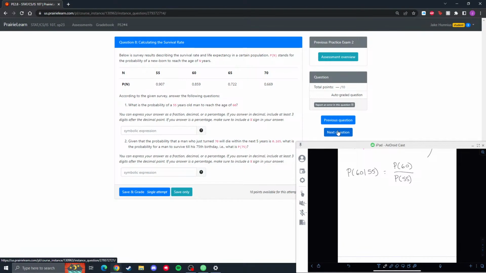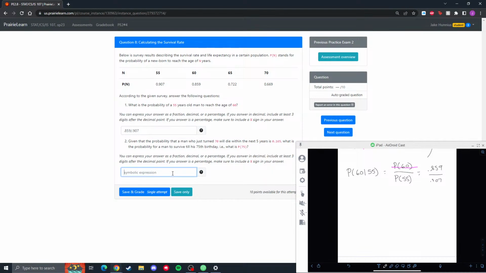This can also be represented as P of 60 and 55, because once they're 60, we know they've already reached 55, so we're just going to represent it as P of 60, and then divided by the probability that they are 55. So it's going to be 0.859 over 0.907. And that should give us that probability.